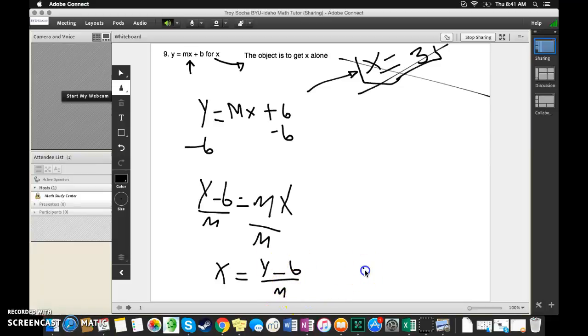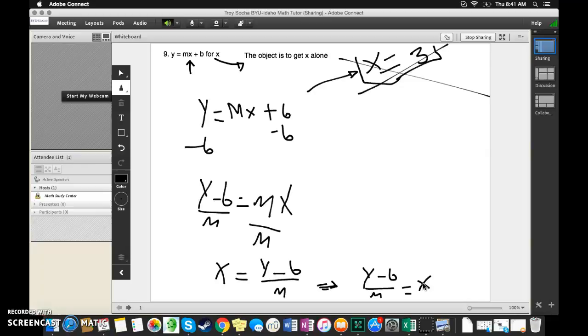This can also be written as this. They equal the same thing.